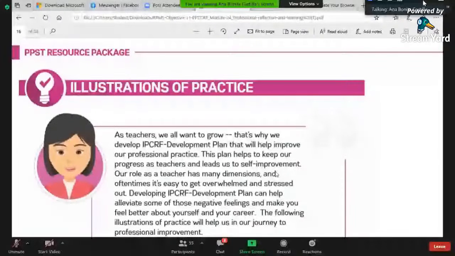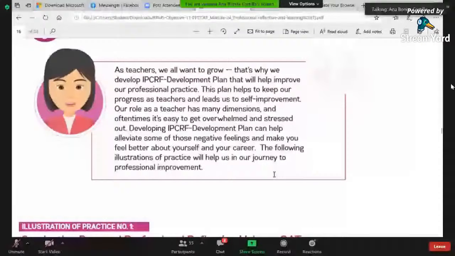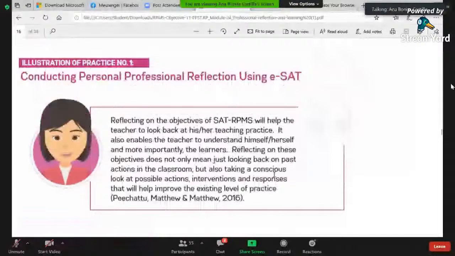Our role as a teacher has many dimensions, and oftentimes it's easy to get overwhelmed and stressed out. Developing an IPCRF development plan can help alleviate some of those negative feelings and make you feel better about yourself and your career. The following illustrations of practice will help us in our journey to professional improvement.